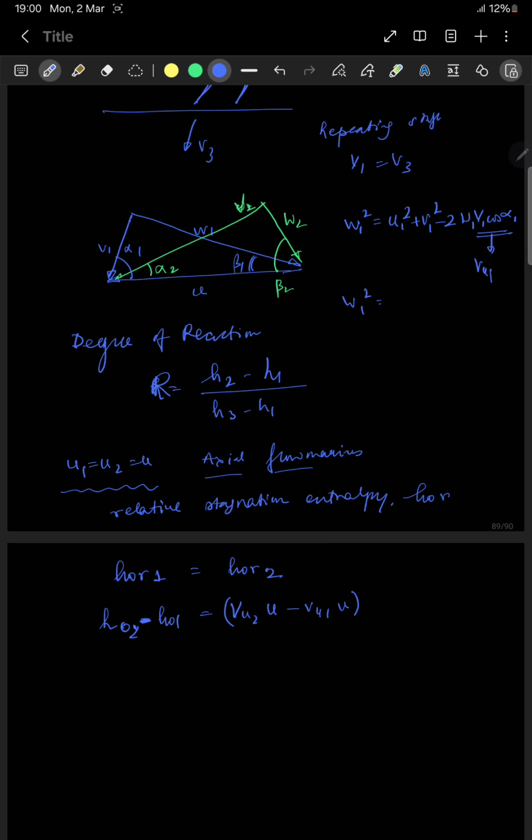So W1 square equals U1 square plus V1 square minus twice U1 Vu1. So U1 Vu1 is given by U1 square plus V1 square minus W1 square by 2. Similarly, U2 Vu2 is given by U2 square plus V2 square minus W2 square divided by 2, right?